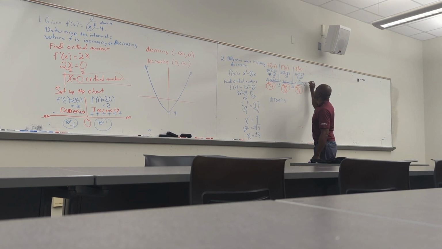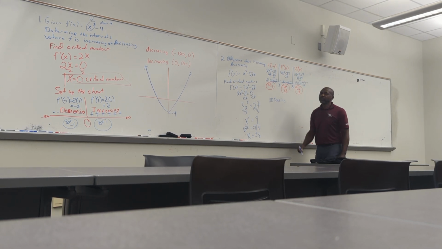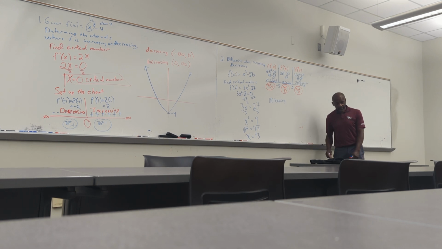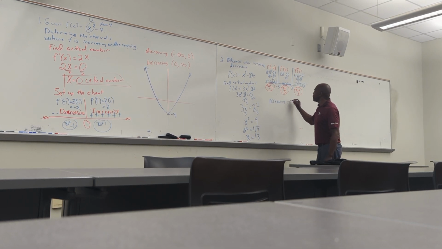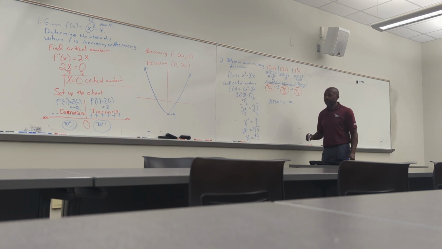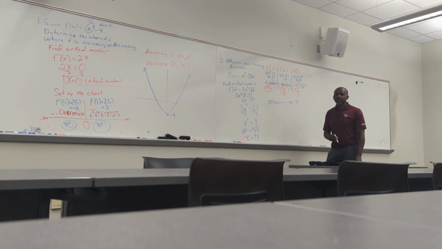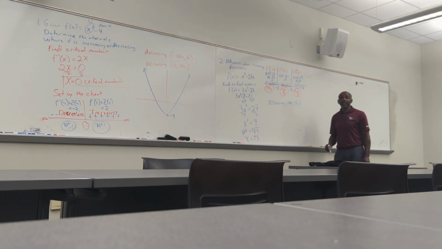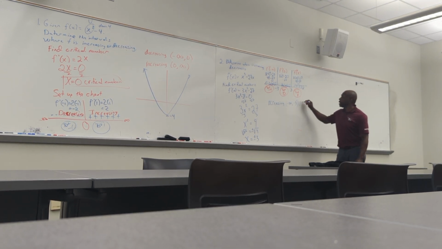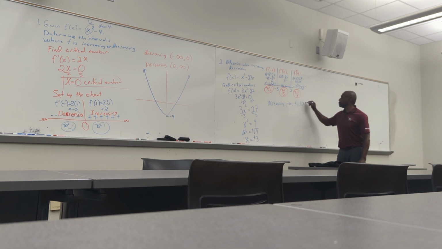So can you write out the intervals for me? What's this interval right here? Negative infinity to negative 3. If you put it together, class, you do a little union, then it starts again at 3 and goes to infinity.